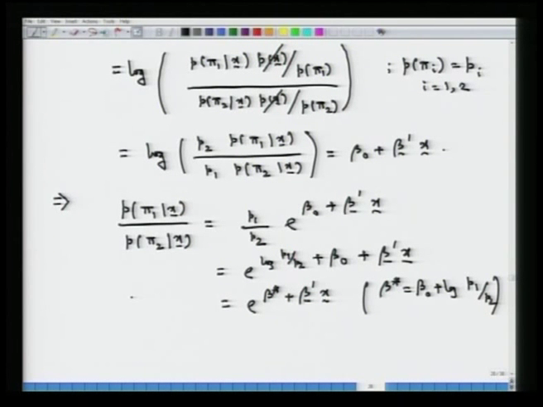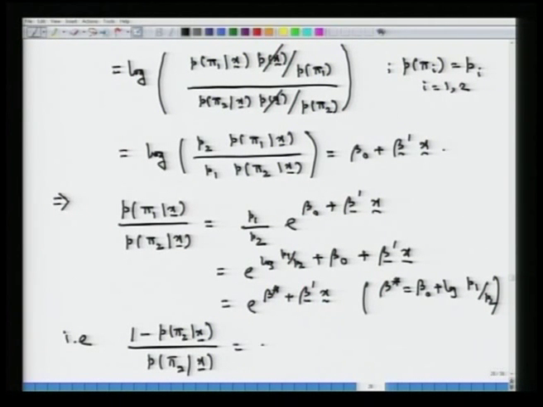Now note that p pi 1 given x plus p pi 2 given x is equal to 1. So, in place of p pi 1 given x, we can write 1 minus p pi 2 given x, divided by p pi 2 given x.